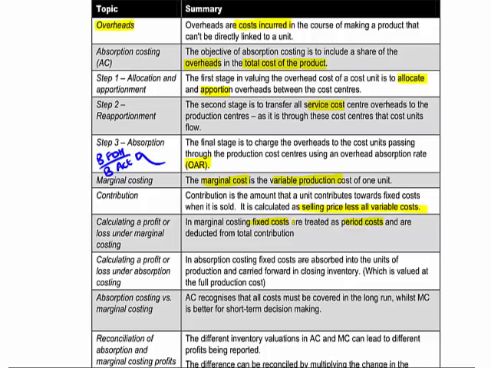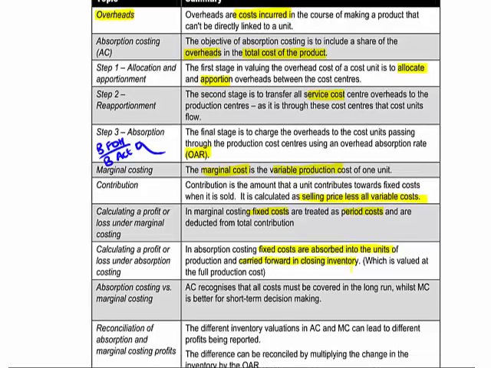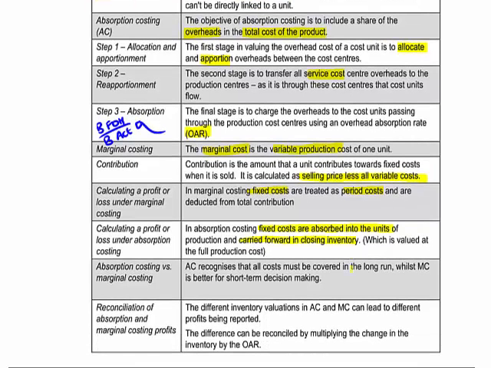Under absorption costing, the fixed overheads are absorbed into the units of production, and fixed overheads are also carried forward in closing inventory, because that closing inventory will be valued at the full production cost.